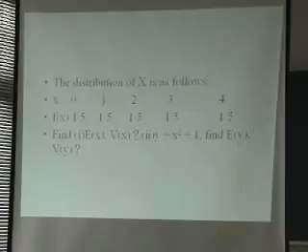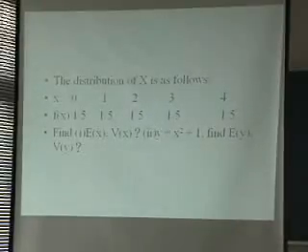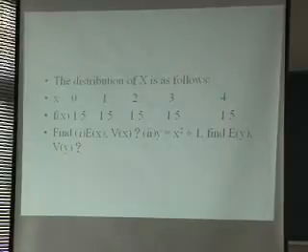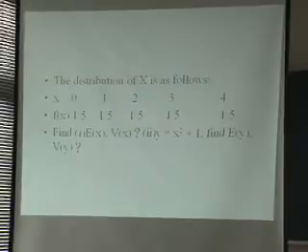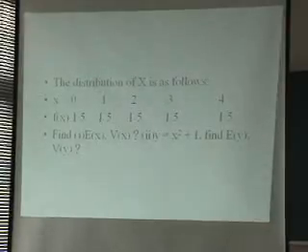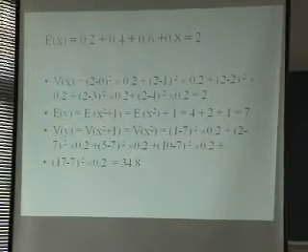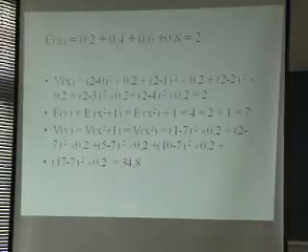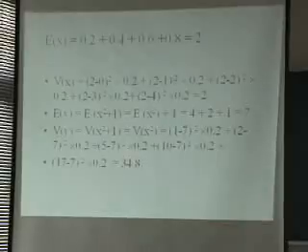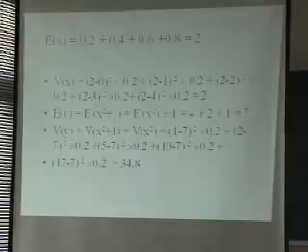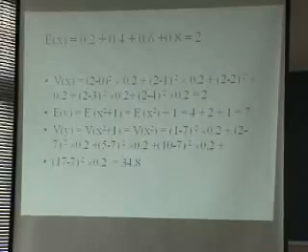Questions? Everyone done? 10 more seconds. Okay, the answer: expectation of x is equal to 2, variance of x is equal to 2, expectation of y is equal to 7, variance of y is equal to 34.8.